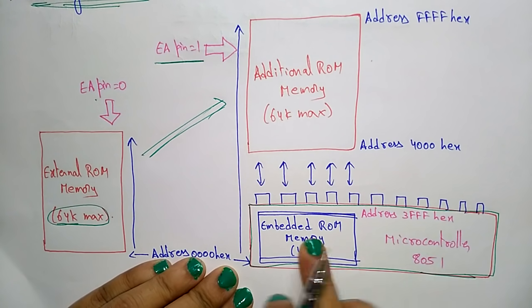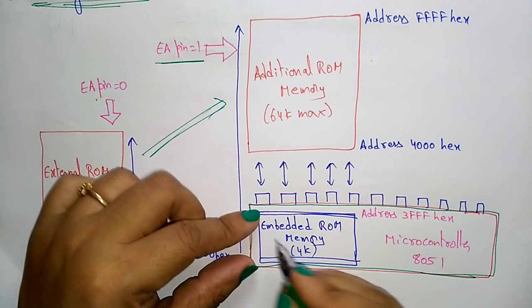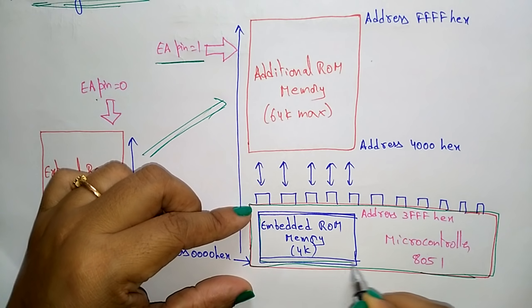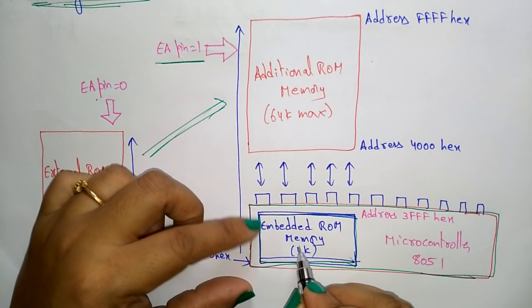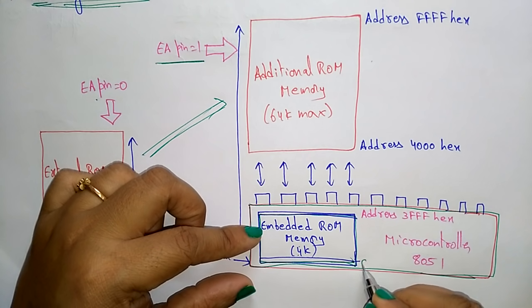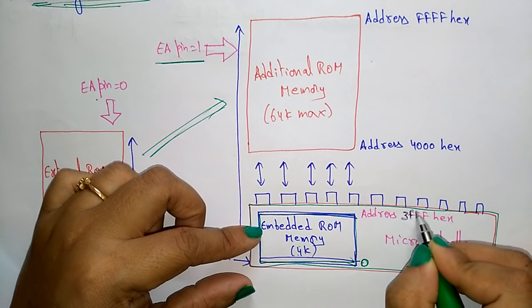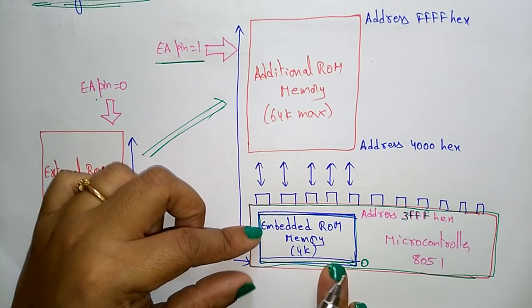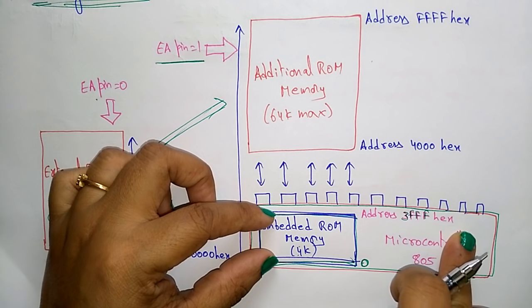Okay, so let's take this is a microcontroller 8051 chip. So in this chip already on chip ROM is there. So this is the ROM. Internally the embedded ROM is there, that is of size 4K. So 4K means the address location starts from 0 to 3FF hexa value. So up to here the memory location, the 4K is stored from 0 to 3FF.